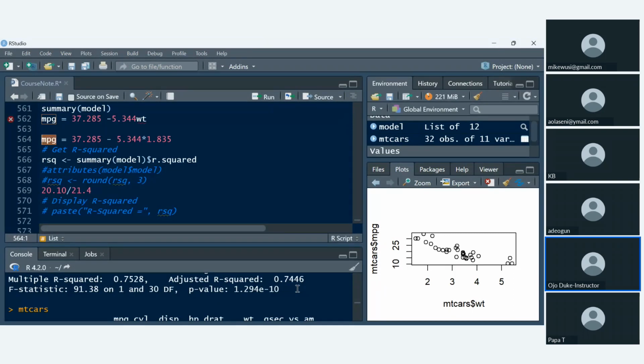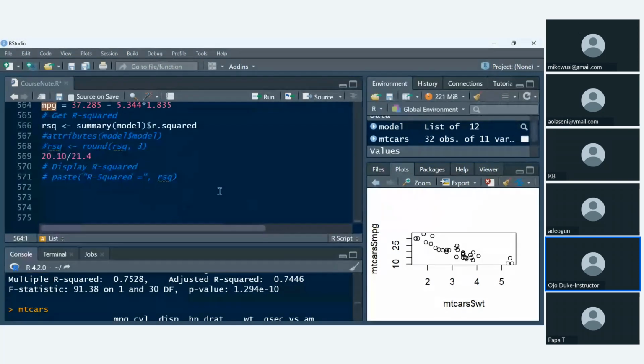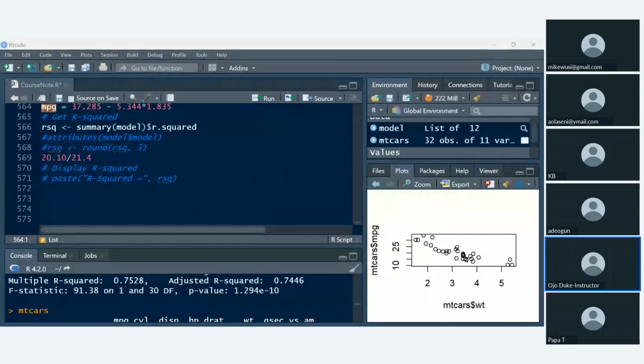Our R squared is 75% or 0.75. So that's the benefit of this. I hope that made sense.